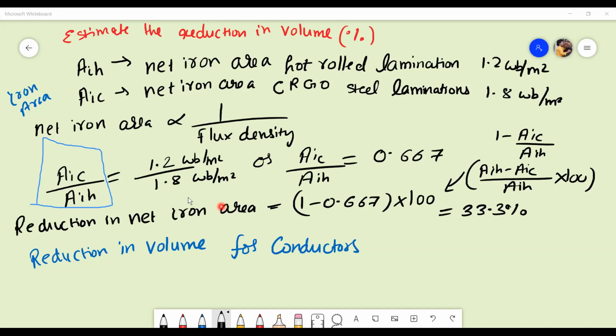Okay, Weber per meter square. This is the ratio because they are inversely proportional. So you will get the value of AIC by AIH is equal to 0.667.